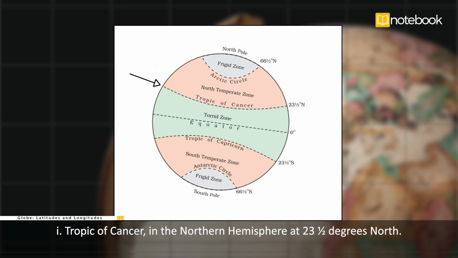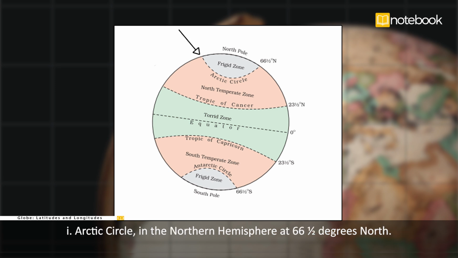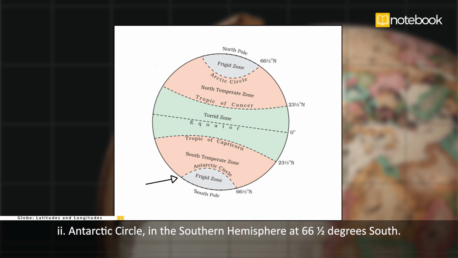Tropic of Cancer in the northern hemisphere is at 23.5 degrees north. Tropic of Capricorn in the southern hemisphere is at 23.5 degrees south. Arctic Circle in the northern hemisphere is at 66.5 degrees north. Antarctic Circle in the southern hemisphere is at 66.5 degrees south.